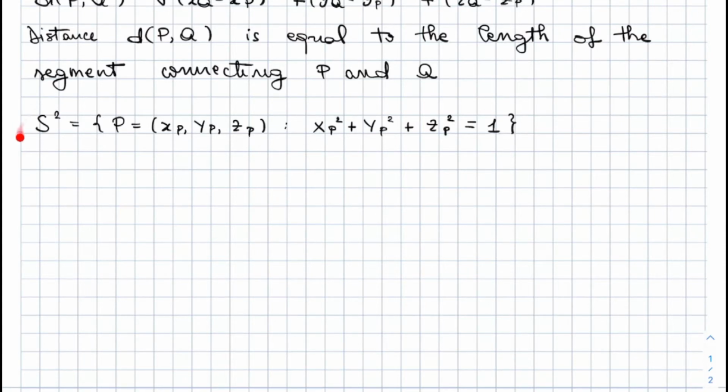Basically, the points of the sphere are the boundary of the ball centered at the origin of radius 1.